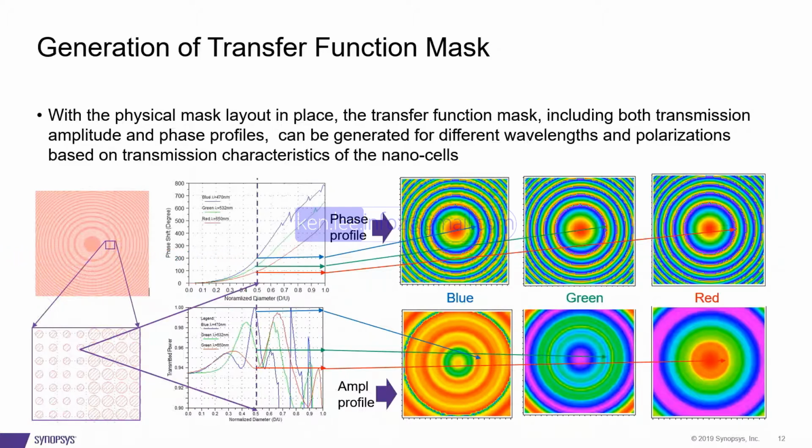After this, we can combine the amplitude and phase profiles into one file, creating a so-called transfer function matrix, or TFM. This, of course, happens for each of the wavelengths. Since the nanostructure maintains a 90-degree symmetry, this is not polarization dependent. Otherwise, we will have another 3 TFMs for the other polarization.